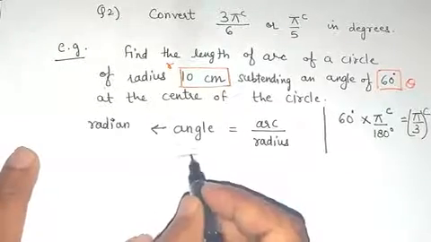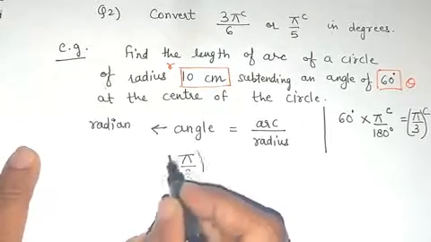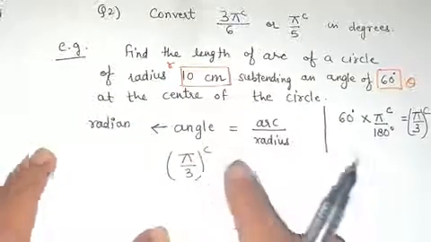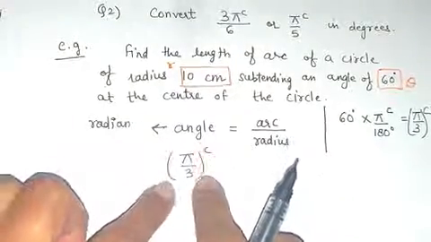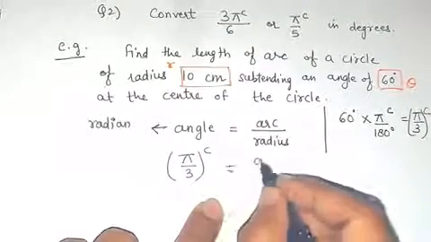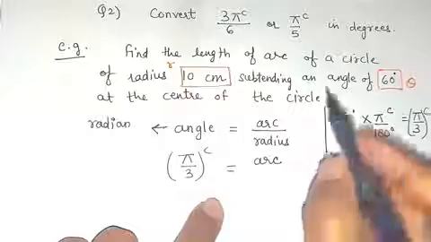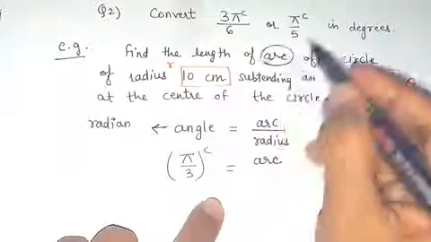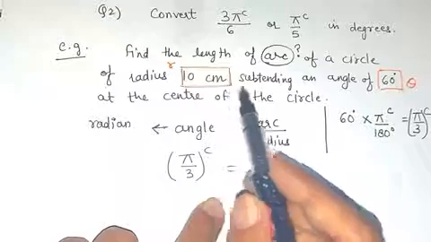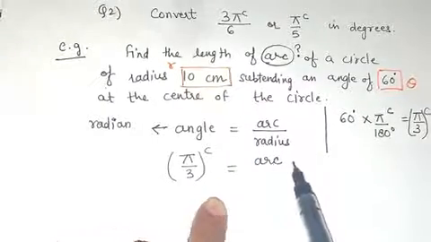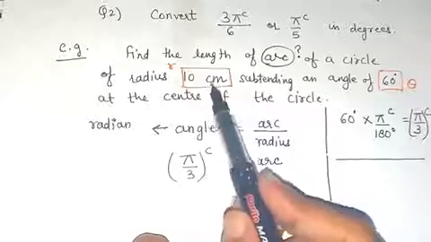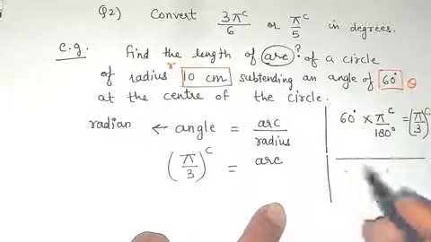So this is pi by 3 radian, as it is only pi radian by 3, but just for the sake of convenience I have used brackets. Now arc is not given, we have to find arc, so this is a question mark for us, and the length of radius is to be represented in meter for the precaution, because we should take the SI unit of length.